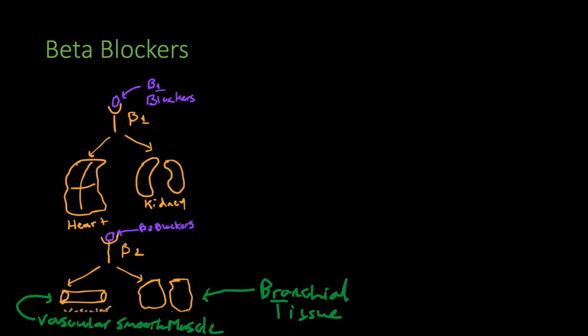So in this diagram, you'll see why you need to be cautious if you see a patient case with someone on an asthma medication and you have to choose a heart failure medication. Carvedilol probably should not be the one you use to treat someone with heart failure.